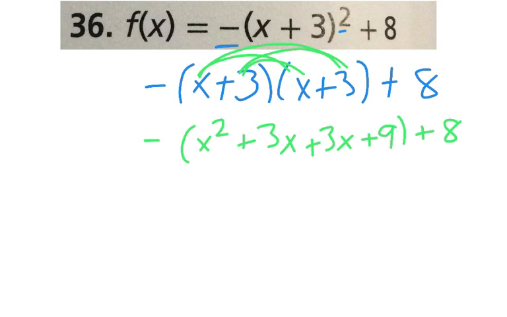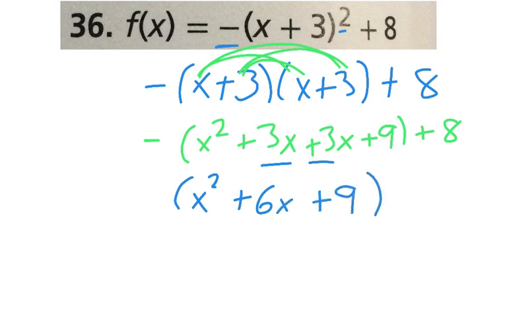Bring down the negative that was out front. Combine your like terms. 3x and 3x combine to be 6x. Bring down the negative. Bring down the plus 8.